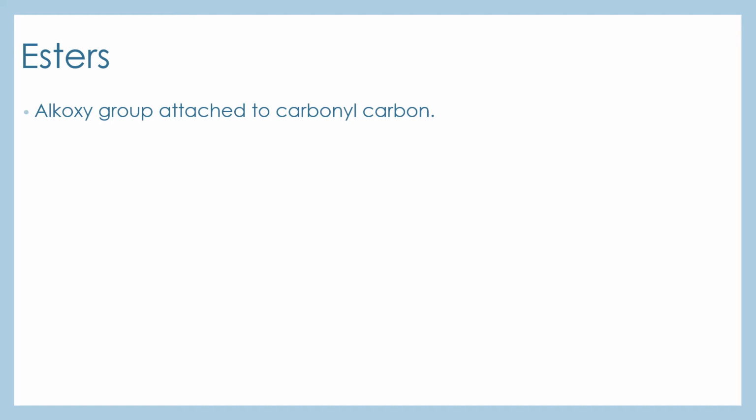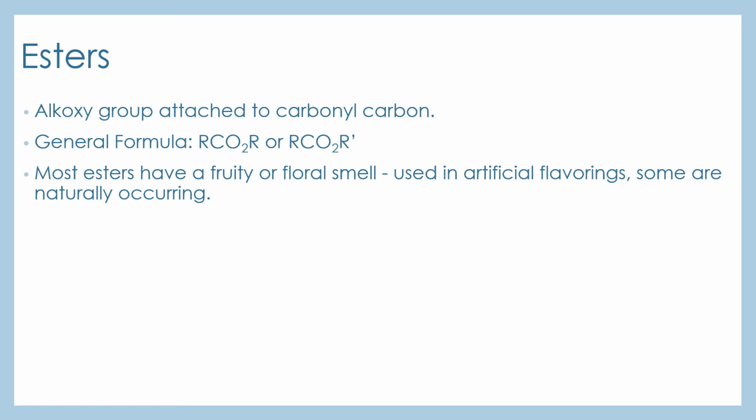So esters is when you have an alkoxy group attached to the carbonyl carbon. We'll talk about what this means in just one second. The general formula for an ester is RCO2R or RCO2R prime. Most esters have a fruity or floral smell, so they are often used in artificial flavorings, and some are naturally occurring.